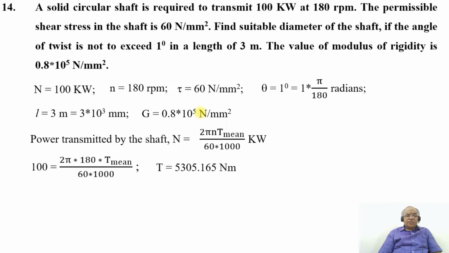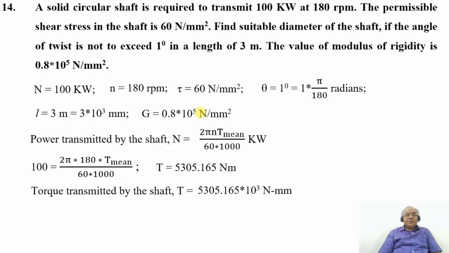On simplification, you will get the torque T mean equal to 5305.165 Newton meter. So the torque transmitted by the shaft, T max, will be 5305.165 into 10 to the power of 3 Newton mm.